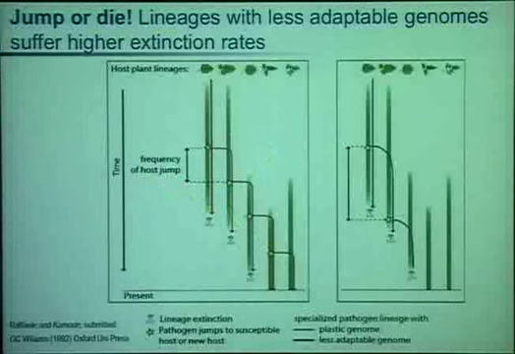And they're less likely to go extinct, because if you are not jumping and adapting rapidly, then at some point your host population either will go extinct or will become fully resistant, and you will have a lower likelihood of persisting over long periods of time, and you will go extinct.